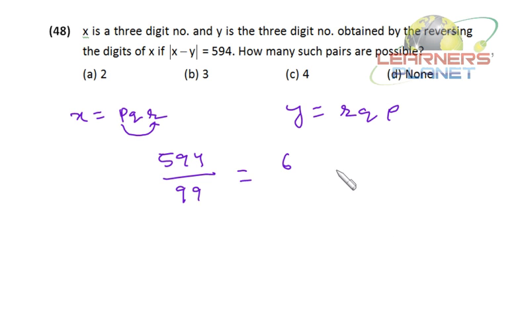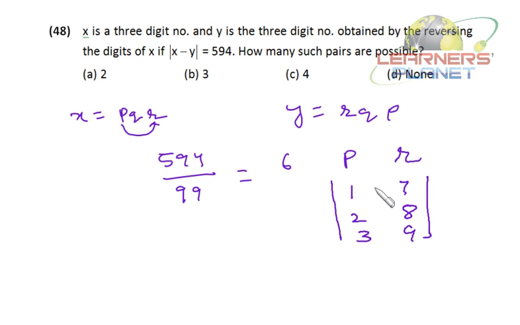Let's try. How can we do that? If I write p and r over here, if p is 1, r must be 7. If p is 2, r must be 8. If p is 3, r must be 9. So we have three choices for p and r.